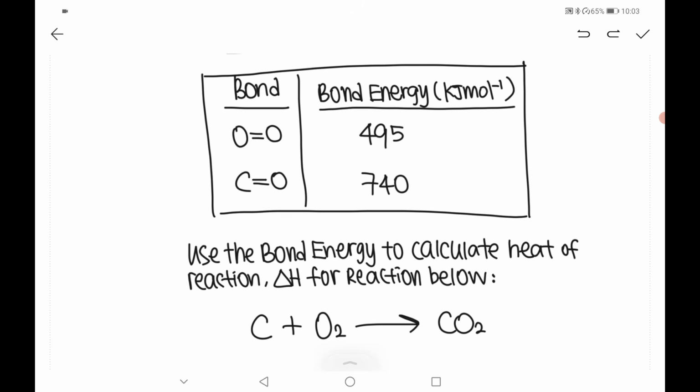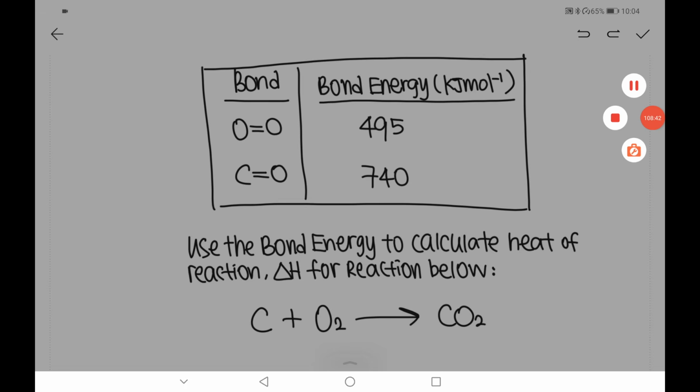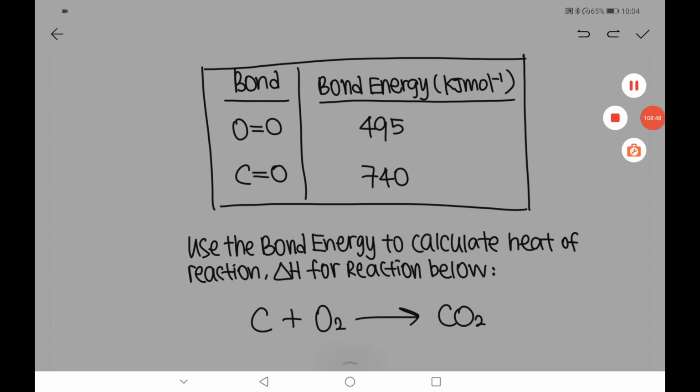The question is asking you to use the bond energy to calculate the heat of reaction, the delta H. And this is your chemical equation. Now pause the video and try to do this question on your own first.